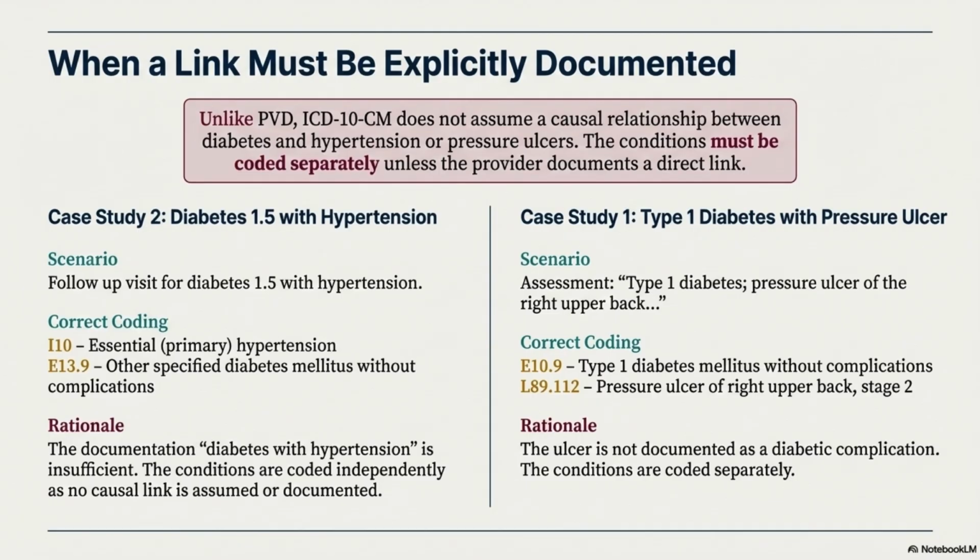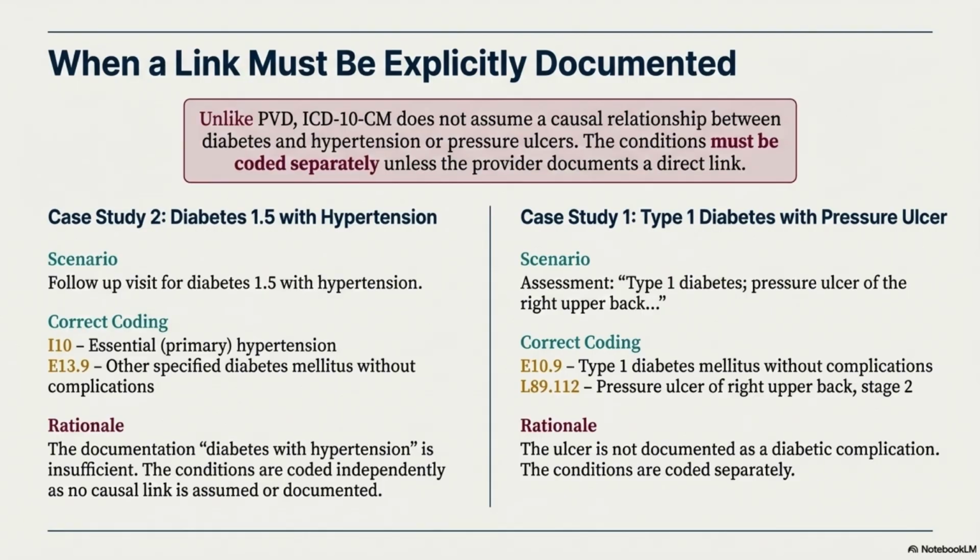Now let's look at the next scenario, type 1 diabetes with a pressure ulcer. Again, ICD-10-CM does not assume a causal link between diabetes and pressure ulcers. Pressure ulcers are typically caused by prolonged pressure over bony prominences, not by diabetes itself, unless the provider specifically documents the ulcer as a diabetic complication. In this case, the provider simply lists the 2 conditions without linking them.